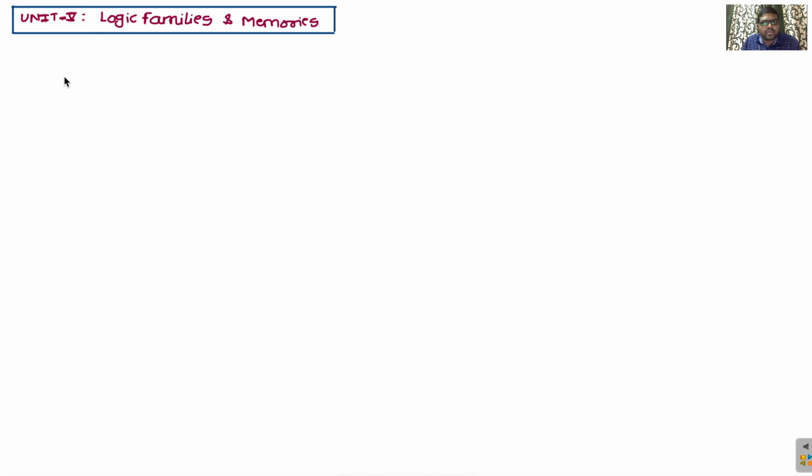Okay, semiconductor memory. So the first part is logic families, and in that, the first topic is characteristics of digital IC.